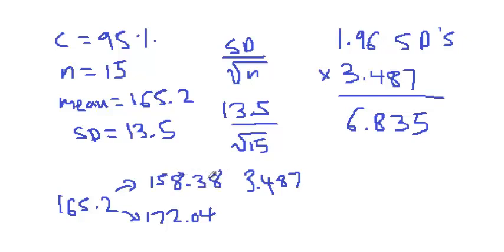Anyway, so this would be the confidence interval. Your confidence would be 95% that any given one would be between these two numbers.